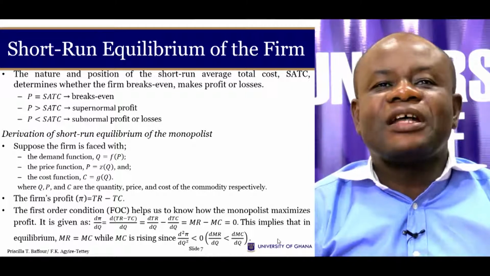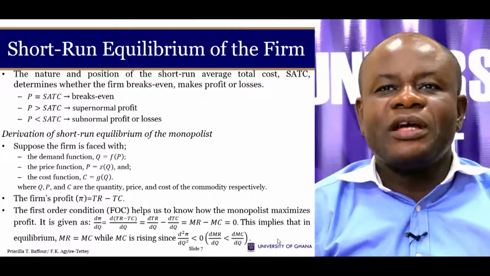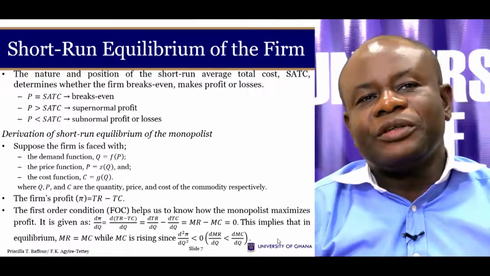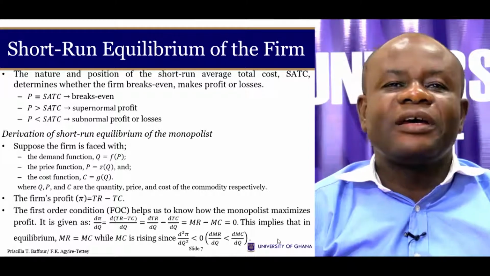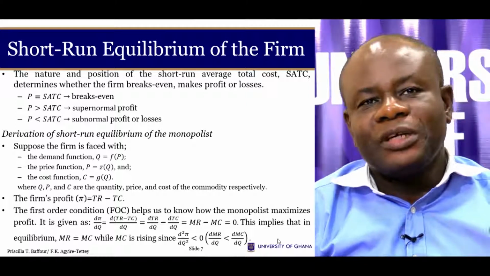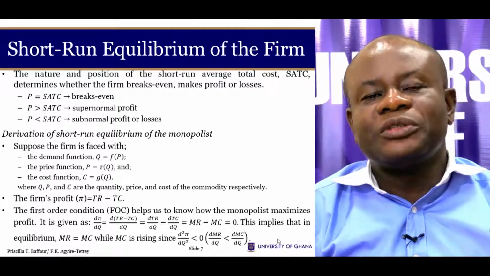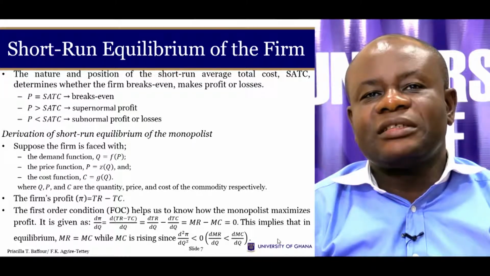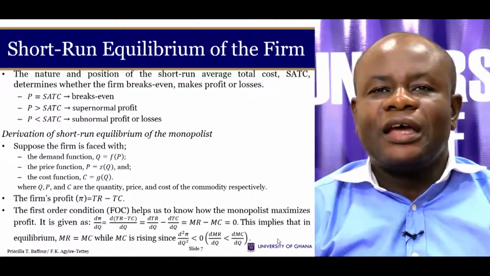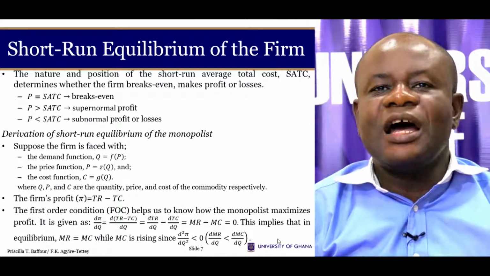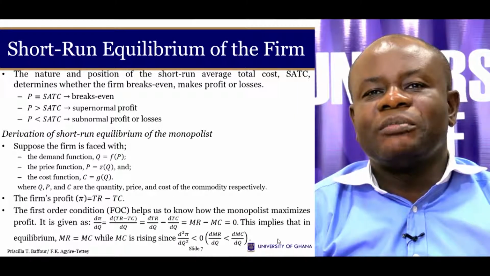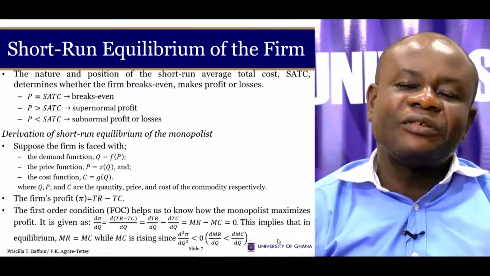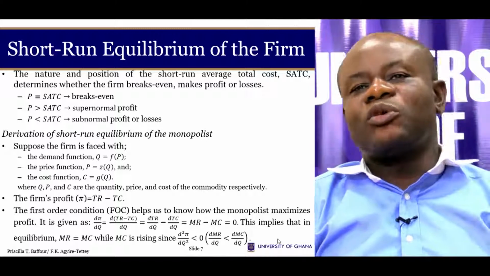So taking the first order condition and equating that to 0, it gives us dπ/dQ equals d(TR minus TC)/dQ. That is dTR/dQ minus dTC/dQ, and that is your marginal revenue minus marginal cost, which is equal to what?